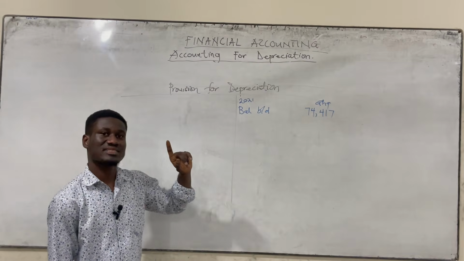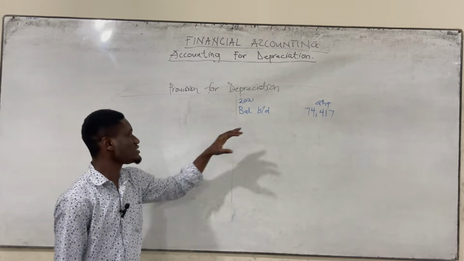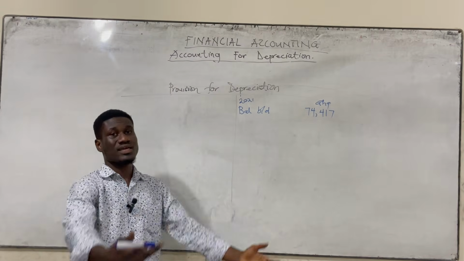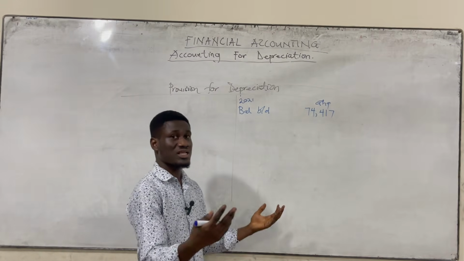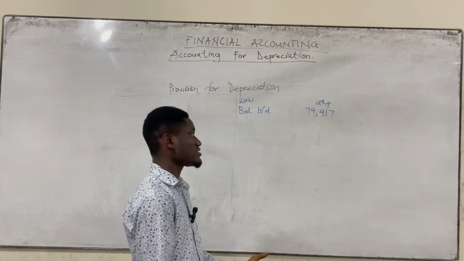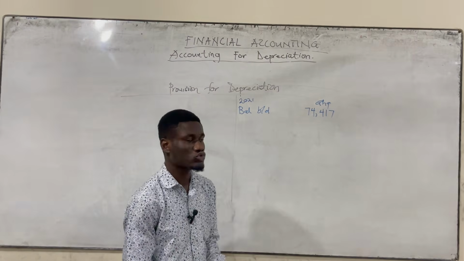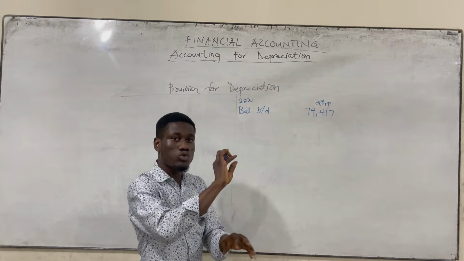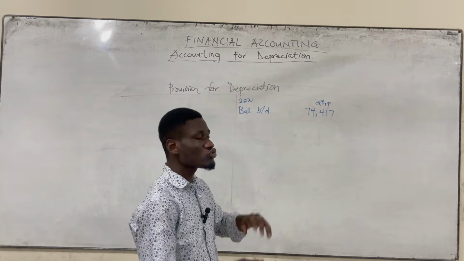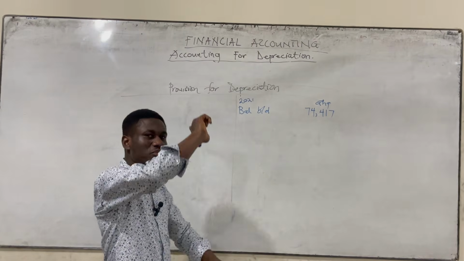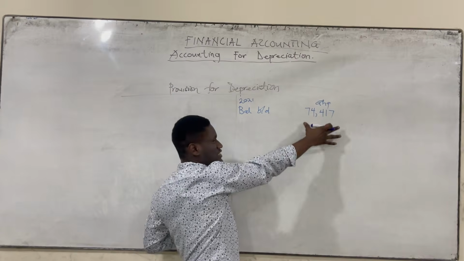Do you get it? And as I already said in my previous video, this provision for depreciation is what we send to the balance sheet. Because the balance sheet deals with accumulated depreciation, but for the depreciation account, we are sending to the P&L. So every year we close it and send it there, so there's no balances carried down and brought forward. But with this, we had a previous depreciation, so we have to bring it forward.